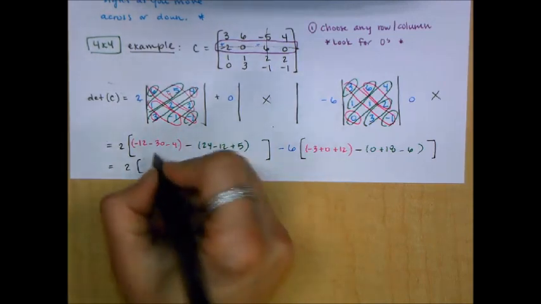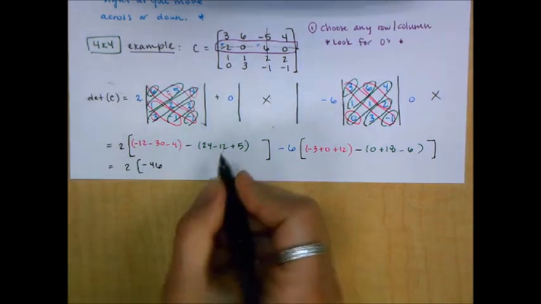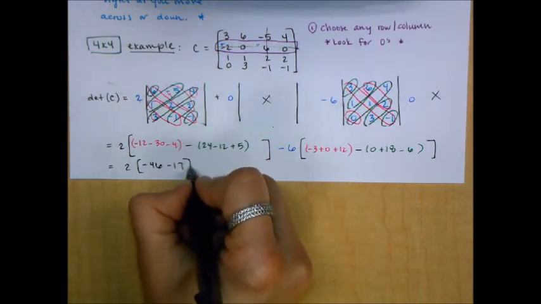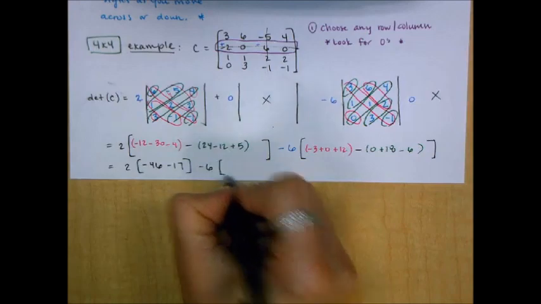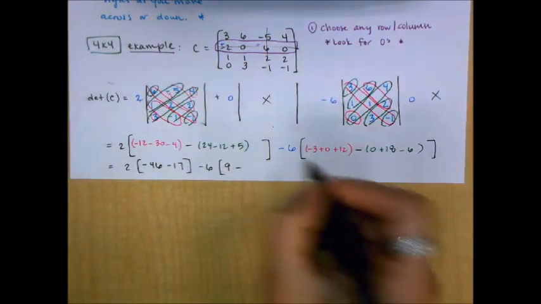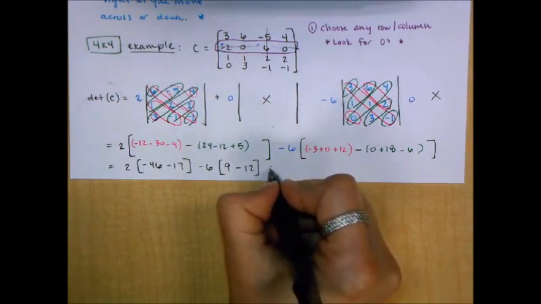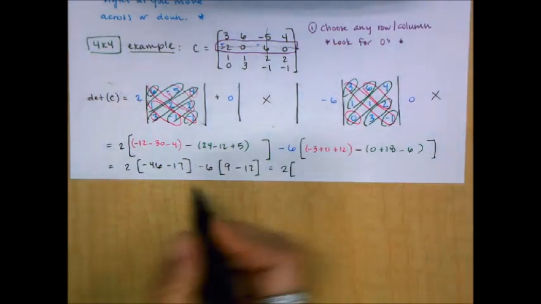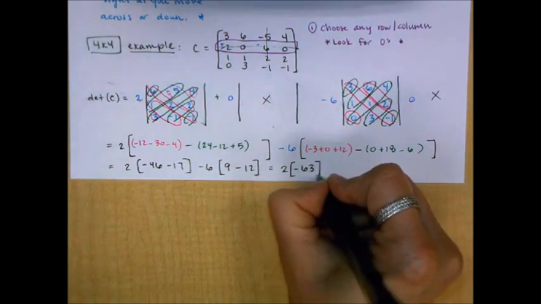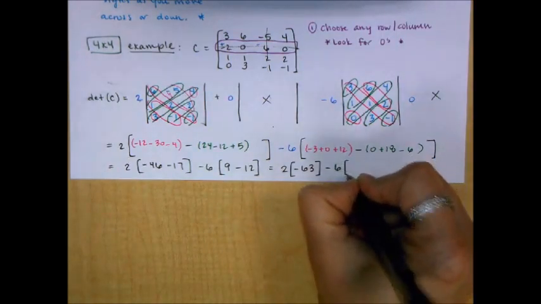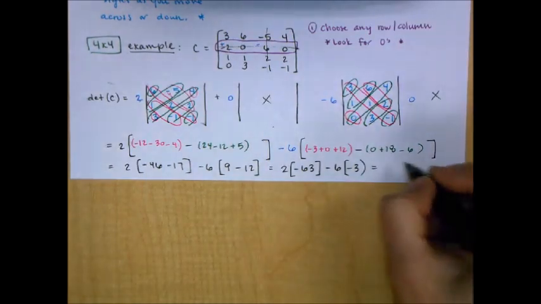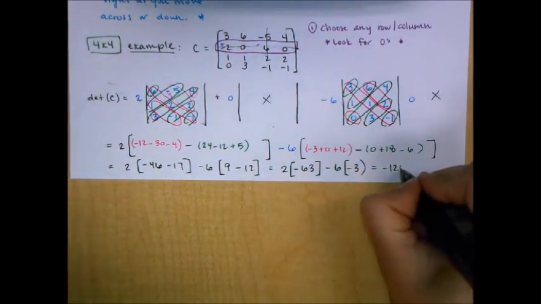Minus 12 and 5 is 17. Over here, 9 minus 12, negative 63 minus 6 times negative 3. We have negative 126 plus 18 is negative 108.